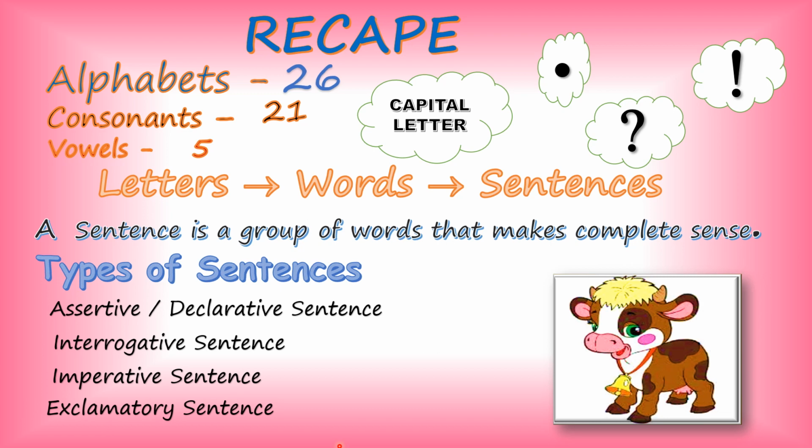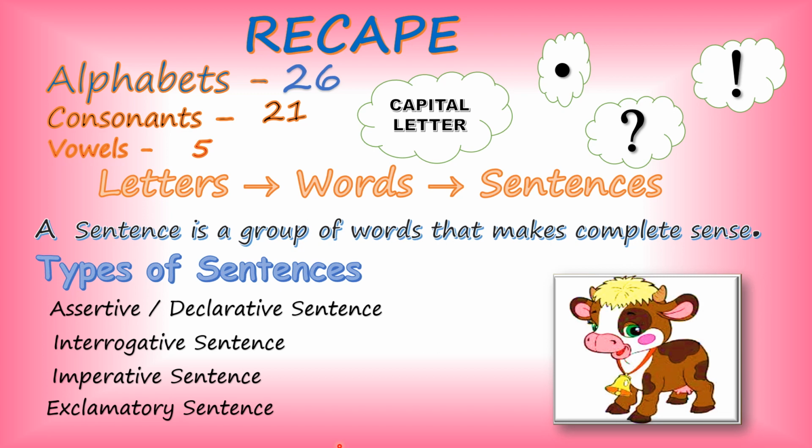Now, the last one is the exclamatory sentence. We use an exclamatory sentence when we show sudden feeling, when we are surprised or when we are very much excited about something, or sometimes when we are scared all of a sudden. Yes, or when we are in trouble and we are shouting for help.